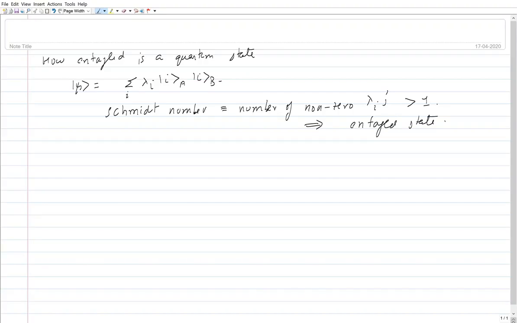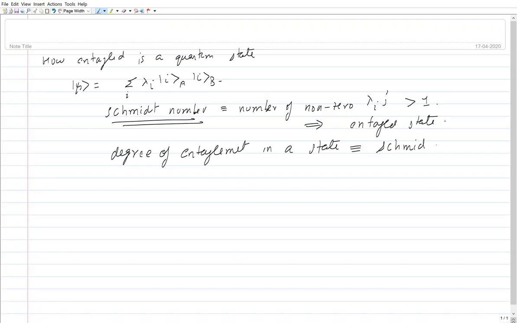Intuitively speaking, the Schmidt number itself captures how entangled the state is. So the degree of entanglement in a state is the Schmidt number.